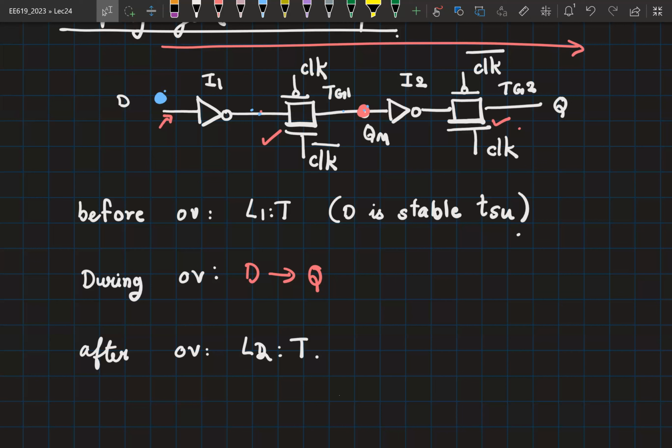So what can we do? Don't let it reach QM. That is correct. What is an easier thing to do here? Setup time is before the clock. So we put a hold time constraint. So we can tell the user that your hold time is some value, and internally that value is going to be greater than the 1-1 overlap. So now the user has to make sure that the input data doesn't change during this hold time. Okay.